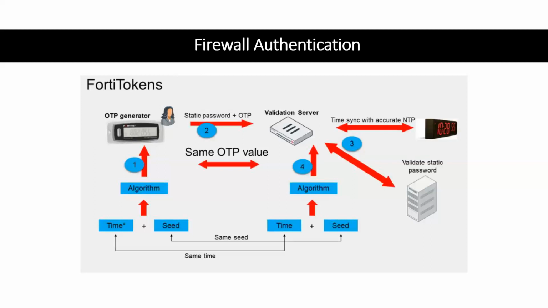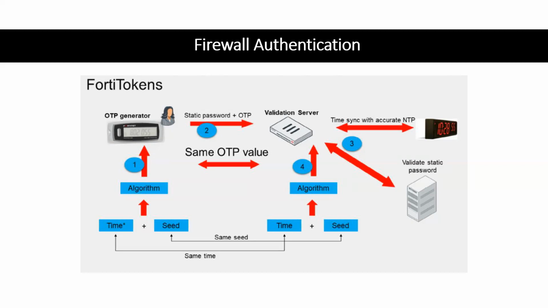The person puts in a static password, then is prompted to put in their OTP. That token, like you can see in the top left-hand corner, is shown on a time scale to your end user. They get it, type it in, and boom, they validate. It's sent to the validation server, aka the FortiGate.